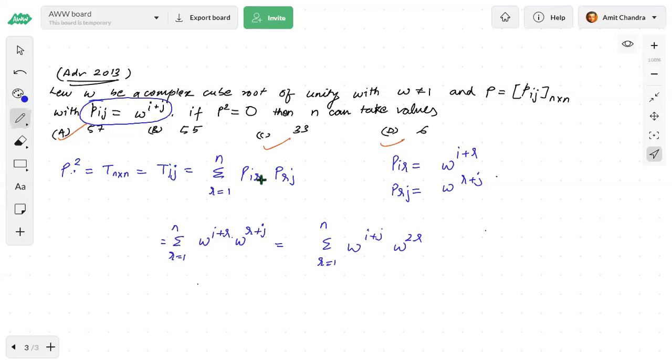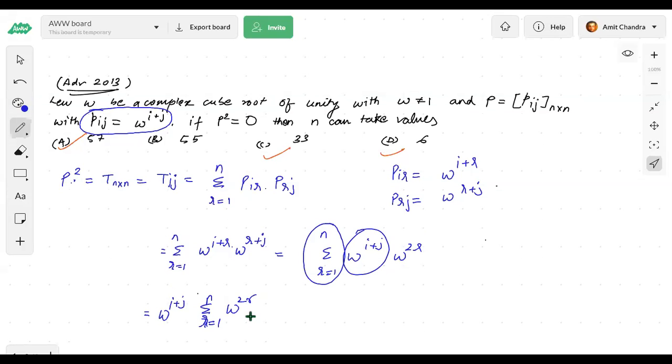Now see, here the sigma is only on R, so I can take I plus J outside. So this will simply become omega to the power I plus J, sigma of R equals 1 to n omega to the power 2R. Till here everything is okay. Till here everybody understood? Fine.